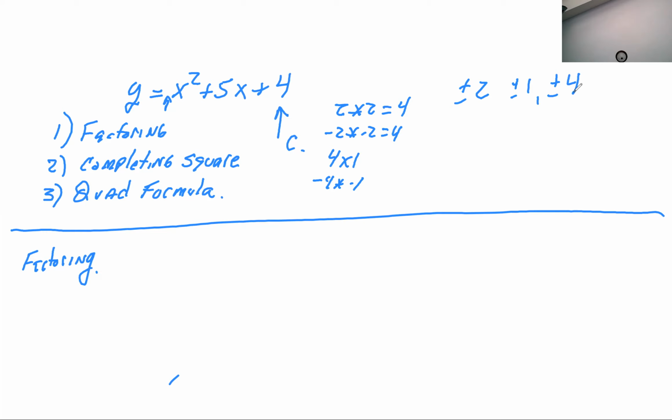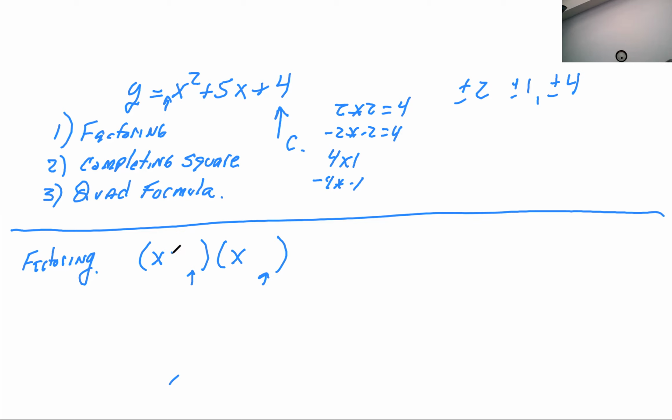And so the idea is, especially when the value of a is 1, how do you factor this? Well, you want to take these two factors where we have x, and you want to choose two values that you put here, that when you multiply them together, you get the number 4, and when you add them together, you get the number 5.